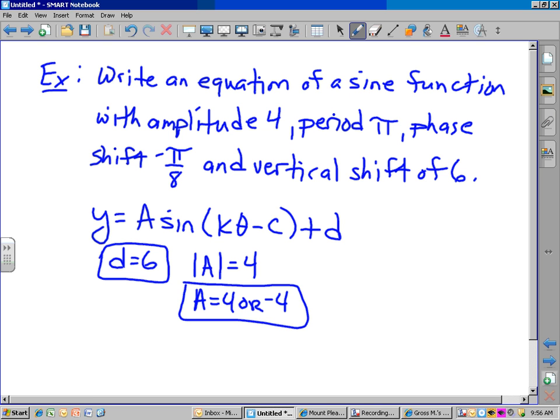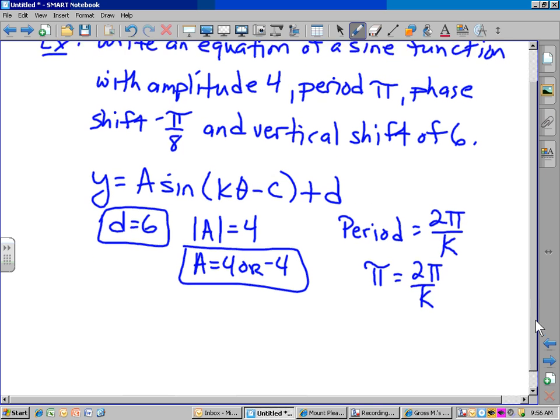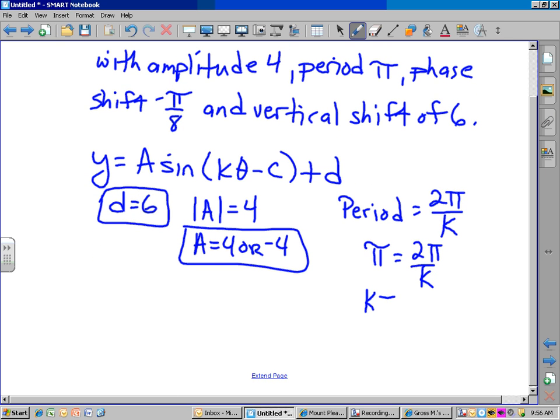How about, what would be next, K or C? What do you think would be easier with that? I think K. K deals with what? Period. 2 pi over K. We know our period is pi. So pi is 2 pi over K. If we cross multiply, we get K pi equals 2 pi. So K equals 2. What's left?